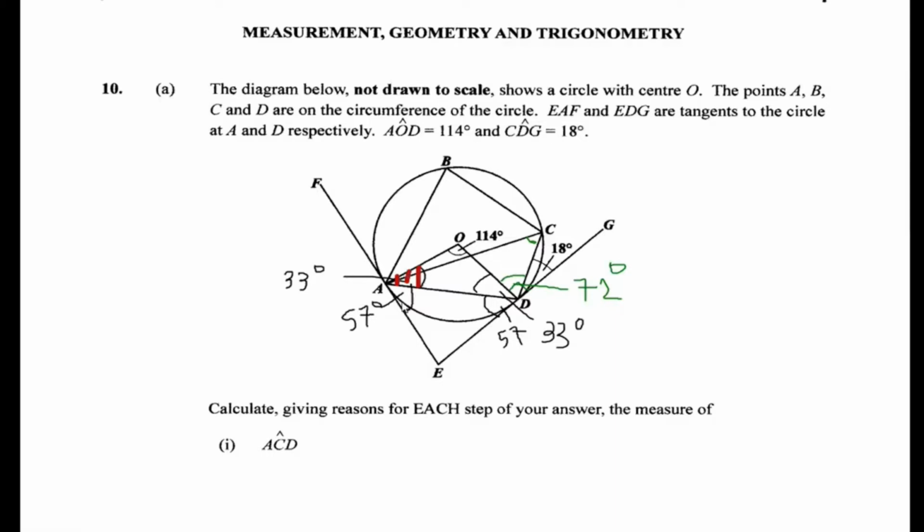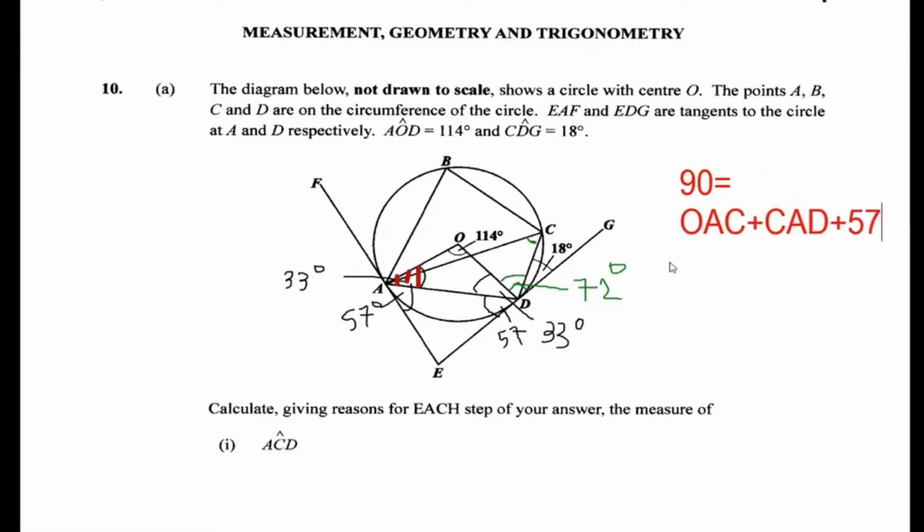So what am I saying? Let me write it down. 90 is equal to angle OAC plus angle CAD plus 57.